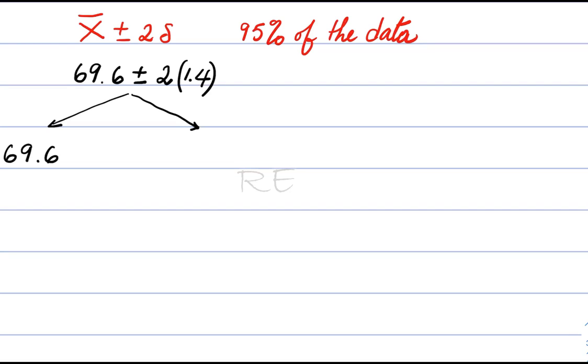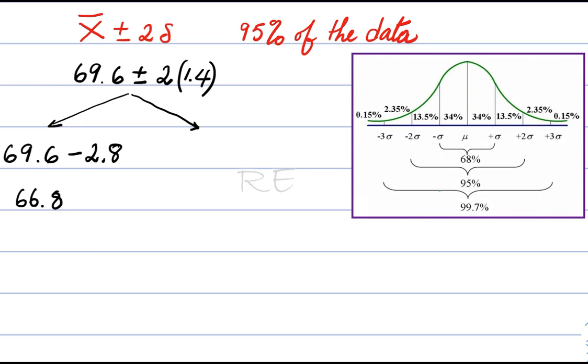So on the left, we're going to have 69.6 minus 2 times 1.4, which is 2.8. So the answer will be 66.8.